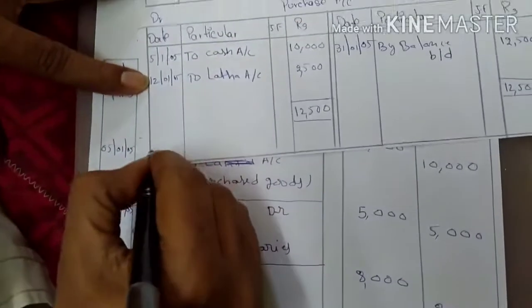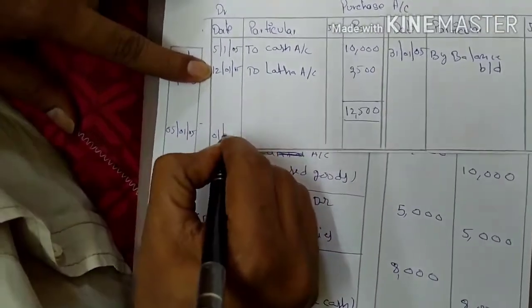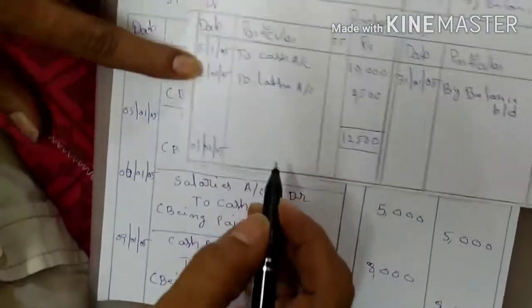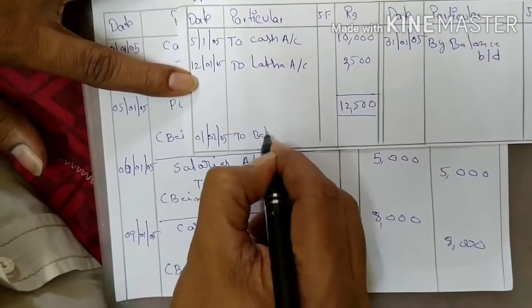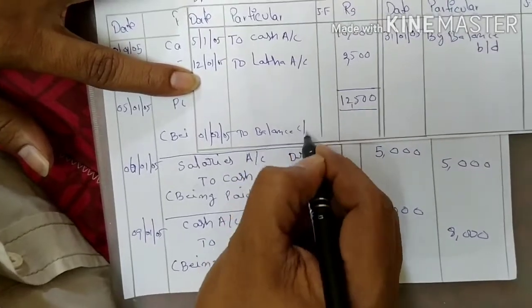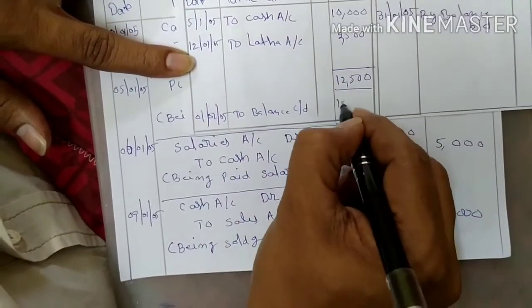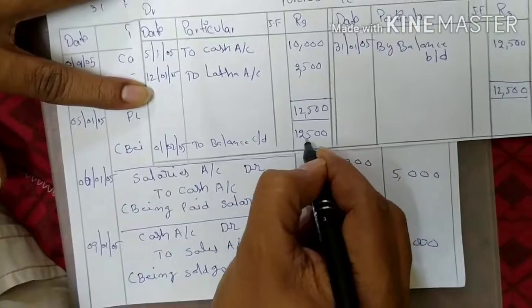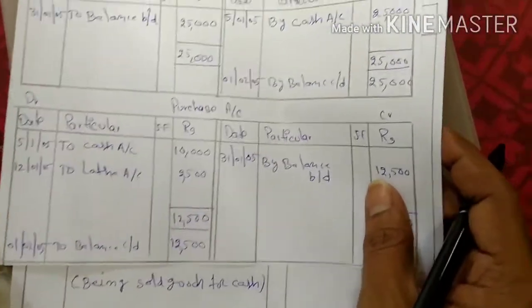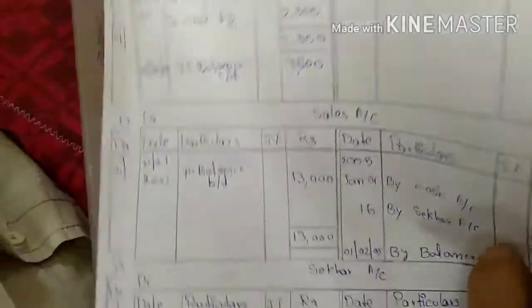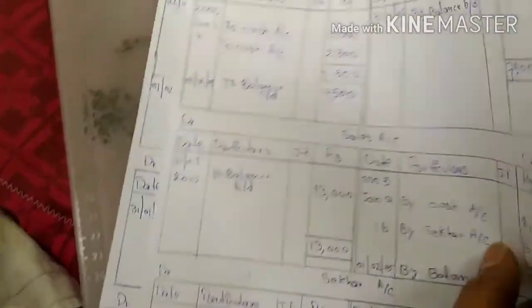Next, 1st February 2005, to balance carry down, 12,500 rupees. So likewise we need to prepare accounts for all the things.